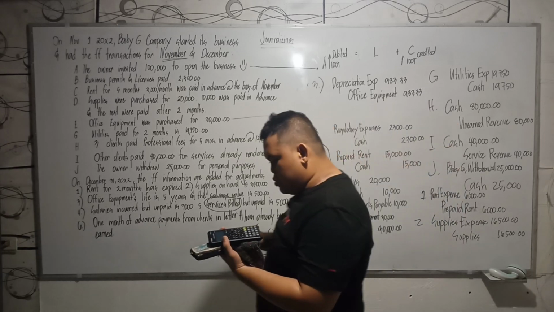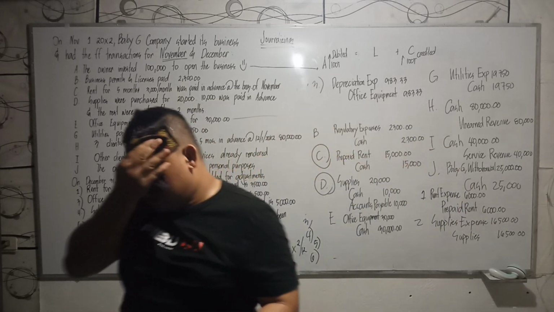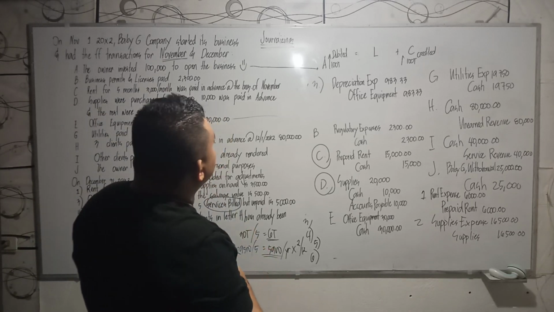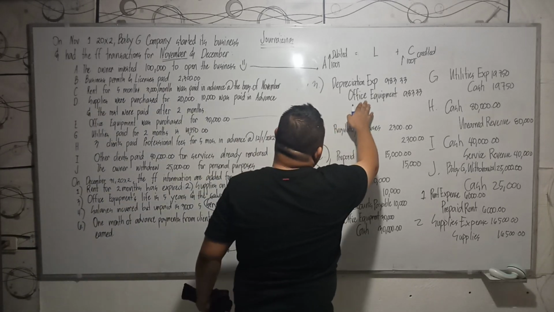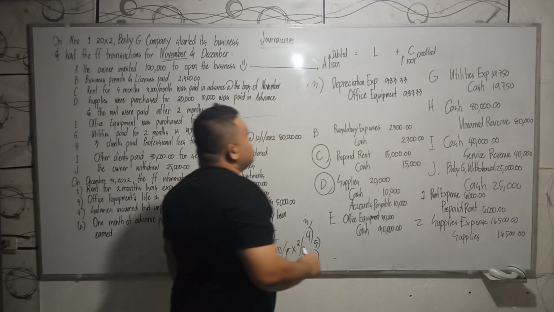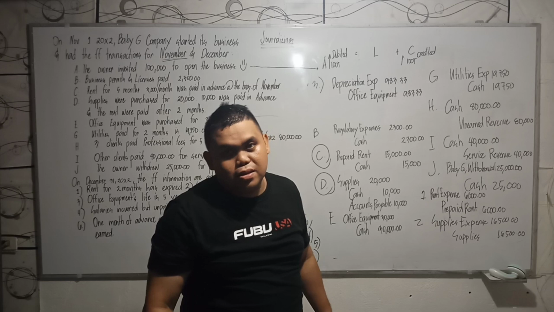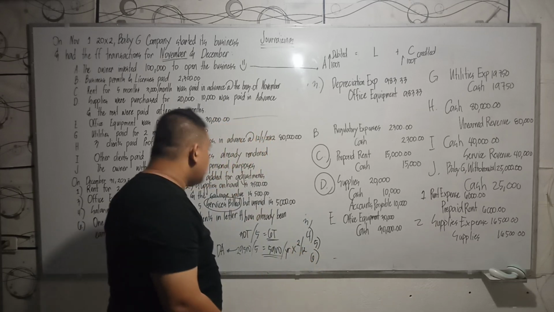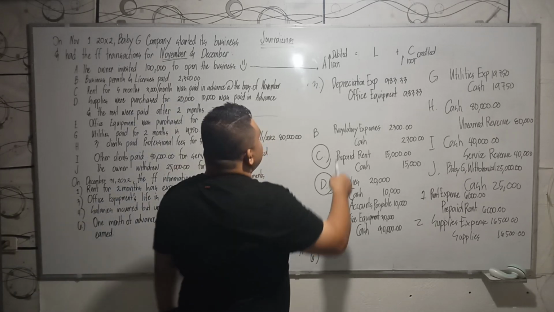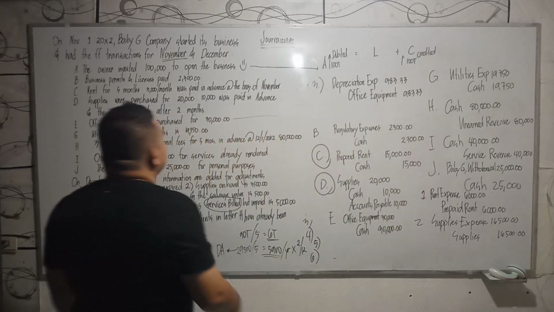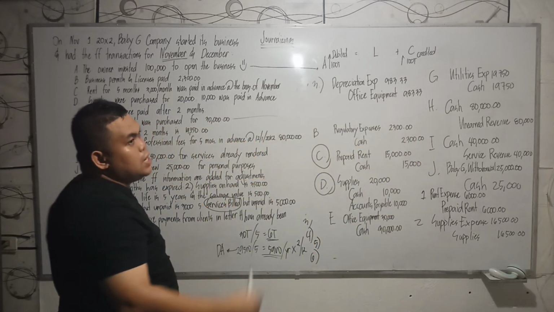However, in accounting, in bookkeeping, there's a twist because the office equipment, if we're going to always diminish it by the depreciation, we will not know already what is the original cost of the office equipment. So, for example, on December 31, if you deduct 983.33 from it, then it will become 29,000 plus only.